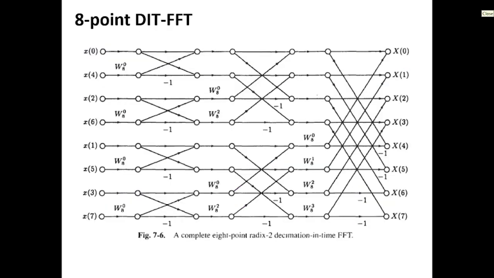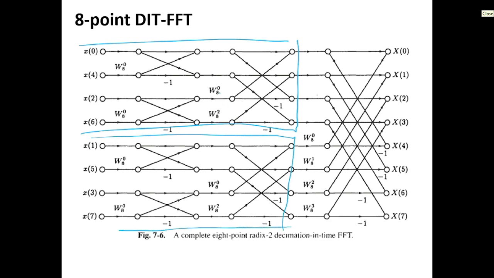So in the 8-point FFT, what we did, you see, up to this point it is the same. It is the same here, and also the same thing is repeating over here.